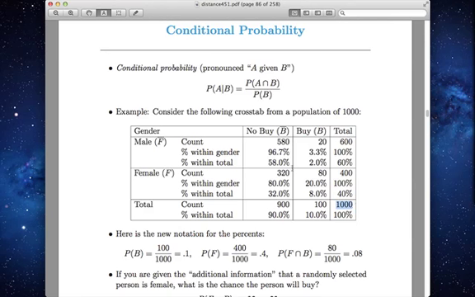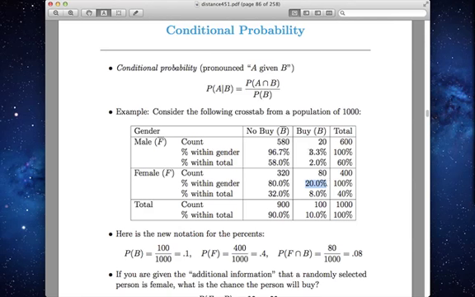Now we could also look at this within gender. So let's restrict our universe to only females now. What percentage of females are buyers? Well, 80 out of the 400 females are buyers. 80 divided by 400 is 20%. So we could say that 20% of females are buyers.